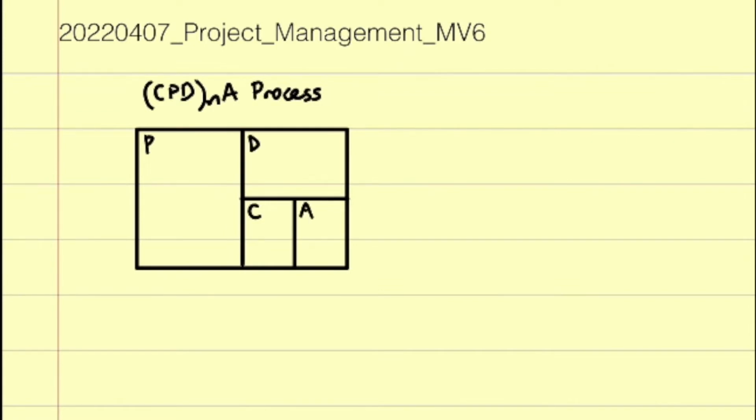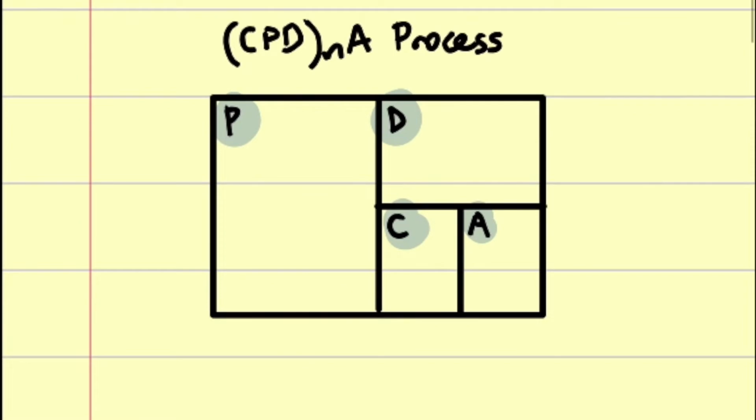So the process management starts with the C, then continues with P, and then D n times, and then finally goes to A. And here maybe you recall we have a process.